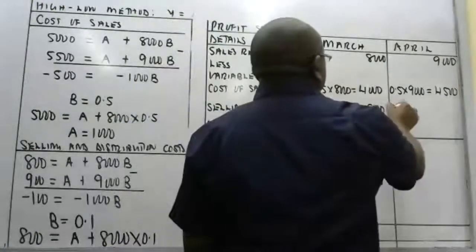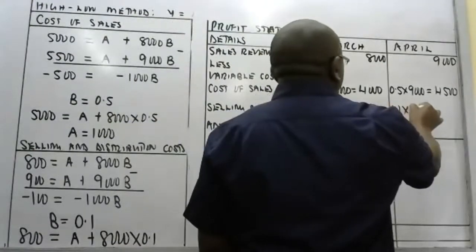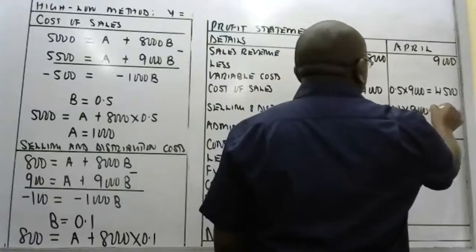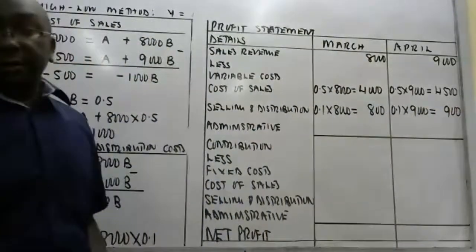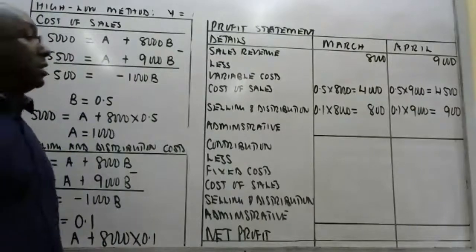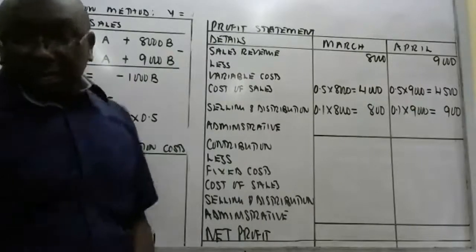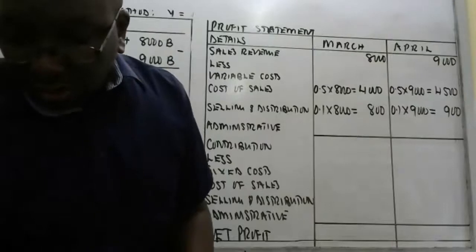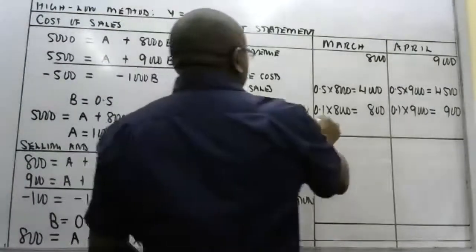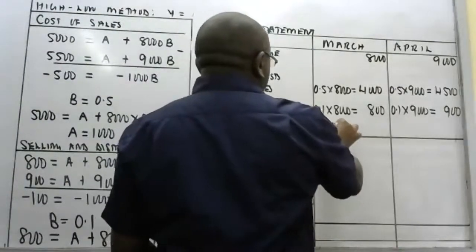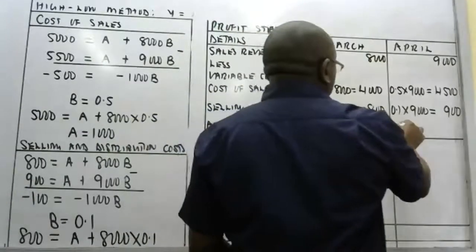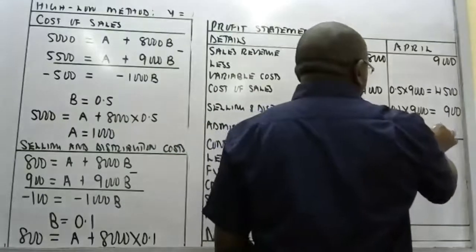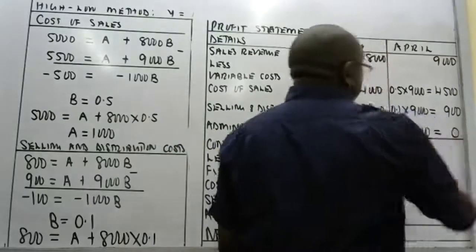On this side, it is 0.1 times 9,000. That is 900. For the admin, the value of B was found to be 0. So it will be 0 times 8,000, and that gives us 0. 0 times 9,000 also gives us 0.